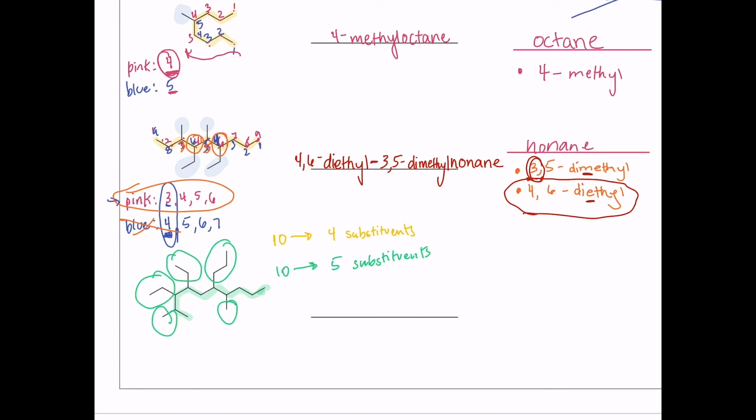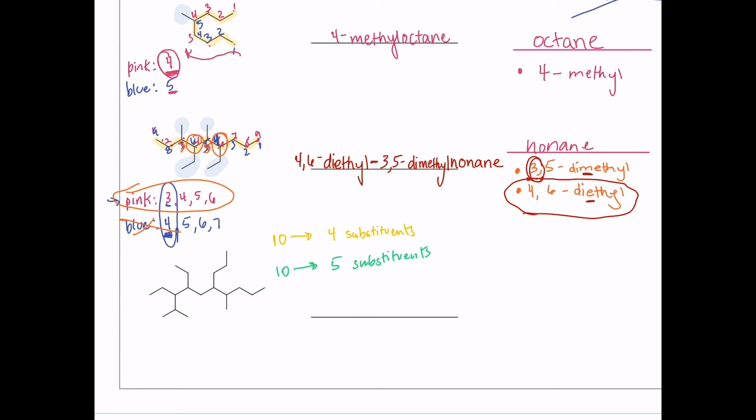What this does is it makes the substituents easier to work with. If you choose a parent chain that gives you more substituents, it's very likely that that simplifies the substituents into more simple groups versus if you would have chosen the parent chain with the fewer substituents. For example, on this green one, I've got a methyl, an ethyl, a propyl, and a methyl as my substituents.